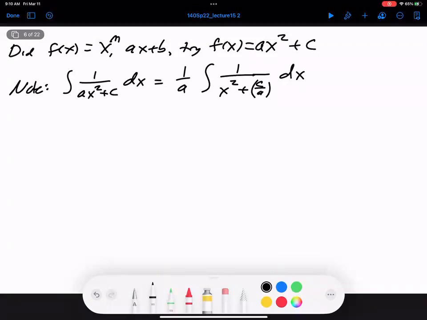Now what I'm going to do is let u equal the square root of the absolute value of c over a times x. I think I went the other way.